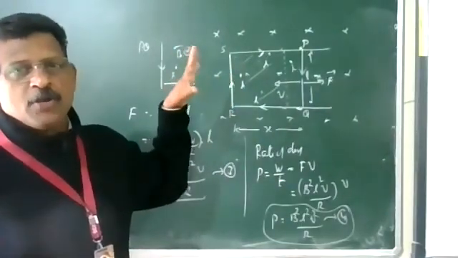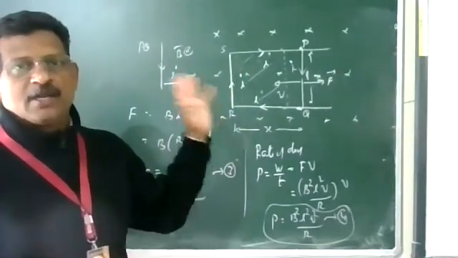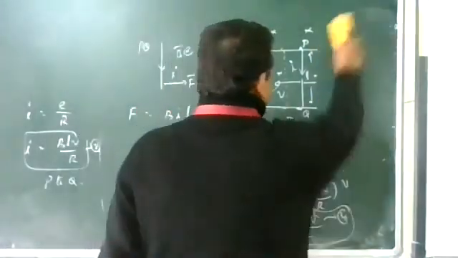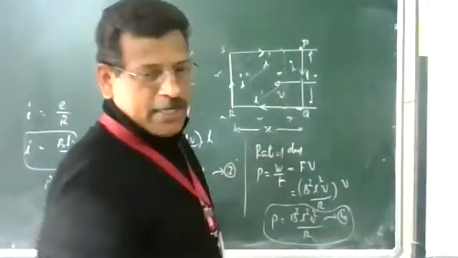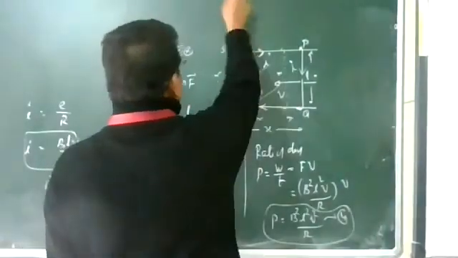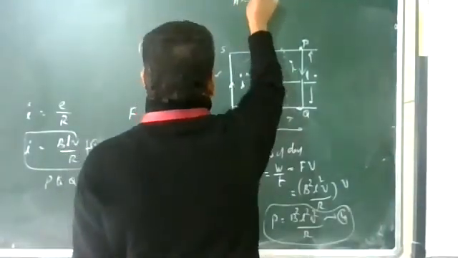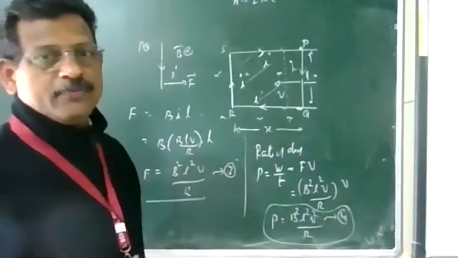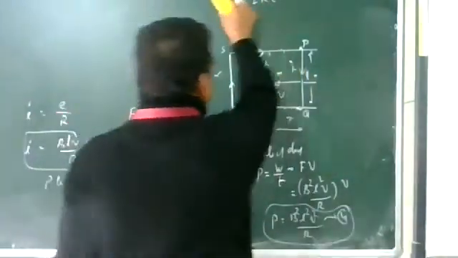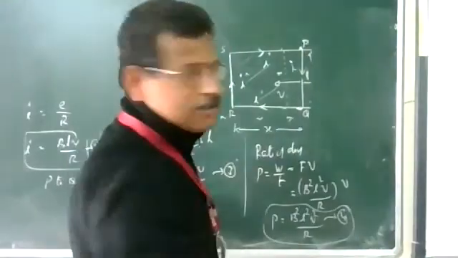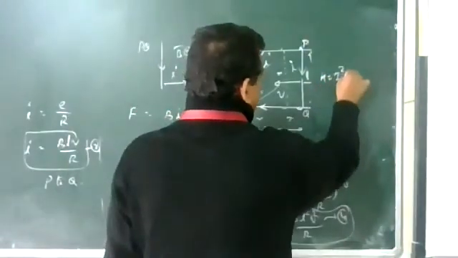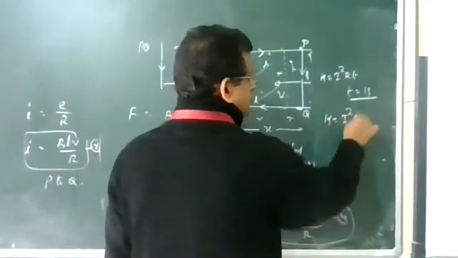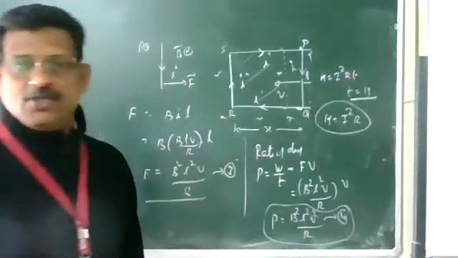Suppose this induced current is totally converted into heat. We can calculate the amount of heat energy developed in unit time. The entire electric current is converted into heat energy. H is equal to I squared R t, and if t equals 1 second, H is equal to I squared R. The heat energy produced is in joules per second.